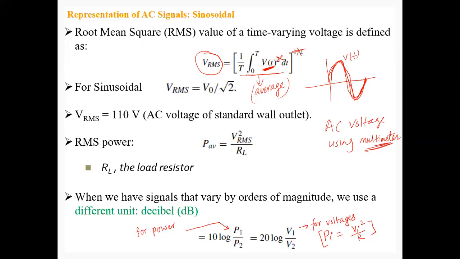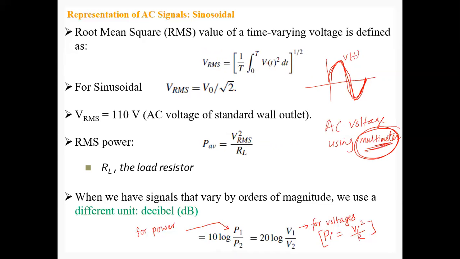This is how you define your average in calculus 1 or maybe calculus 2. But here you have the square, and after you take the integration, you then take the square root. So this is the definition of RMS. This RMS is what the multimeter measures.